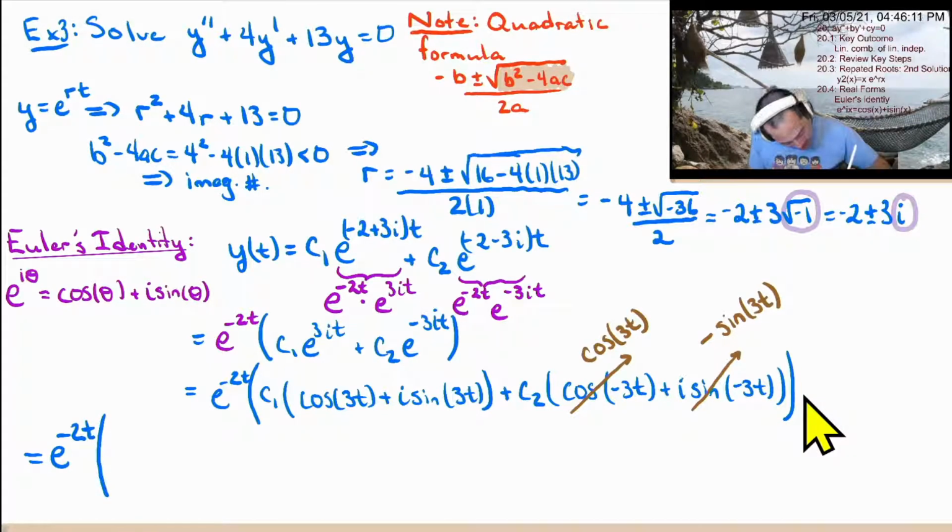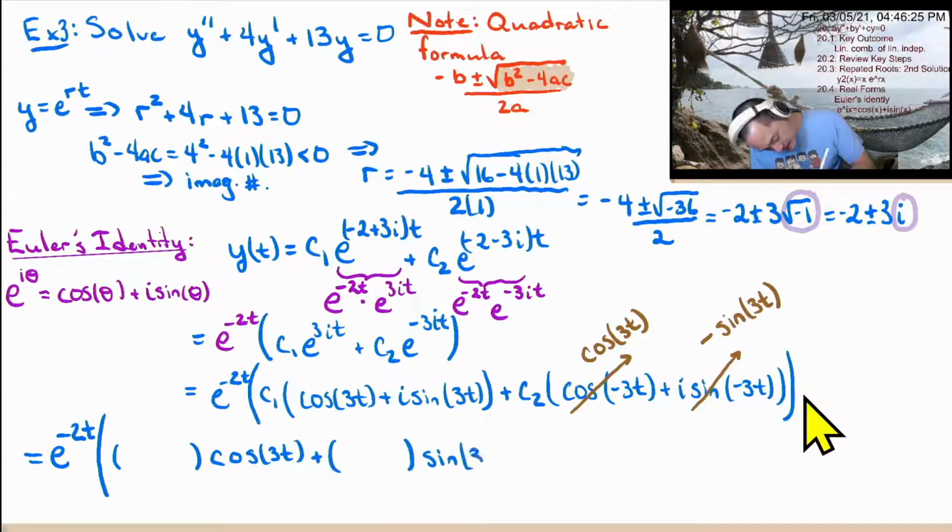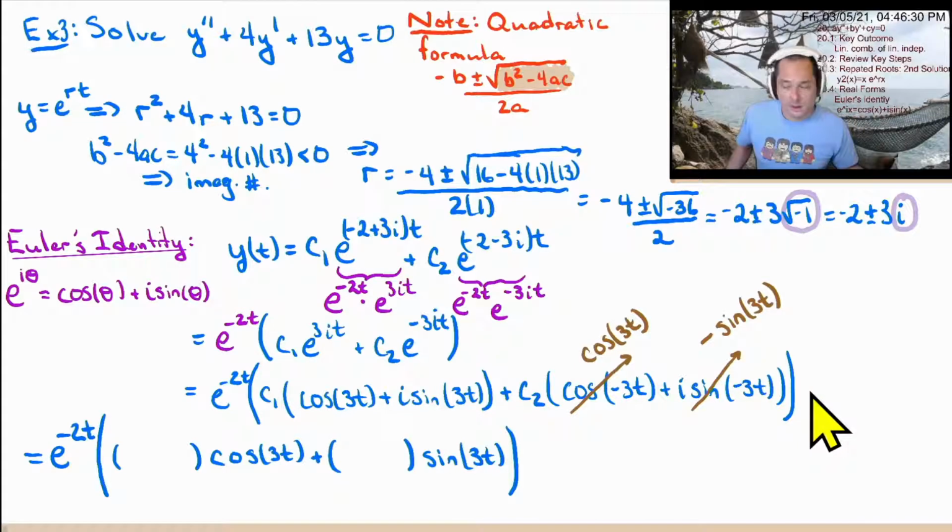And what I want you to do is to gather up all the cosine 3t's, and then all the sine 3t's. And when someone's ready, tell me what goes in this first parenthesis.